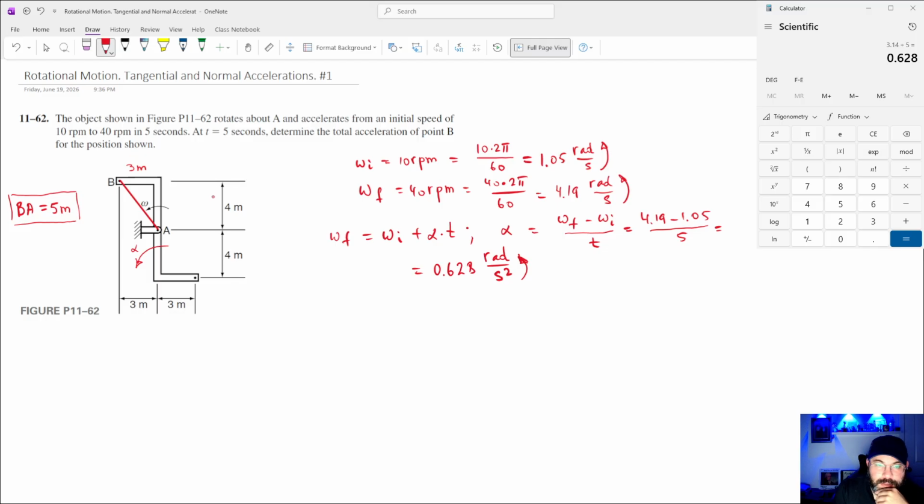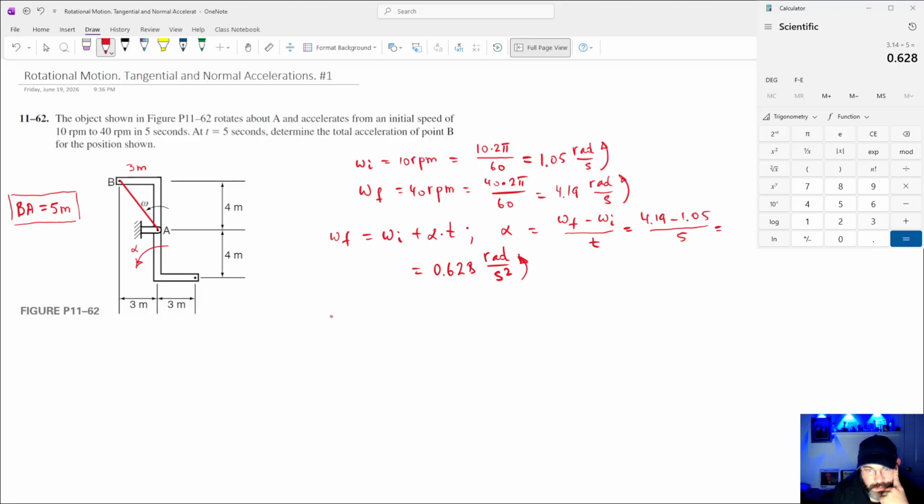So that normal component is responsible for the change of direction, how fast this point is changing the direction. And then the tangential component is responsible for the magnitude of this velocity vector, showing us how fast the magnitude is changing, right?